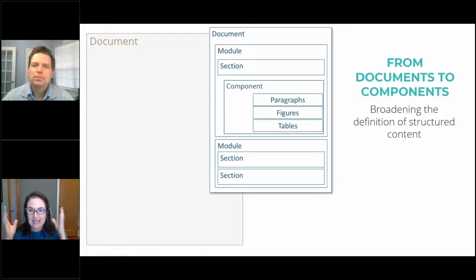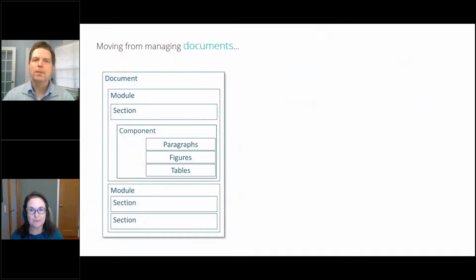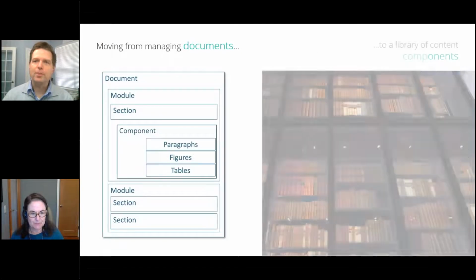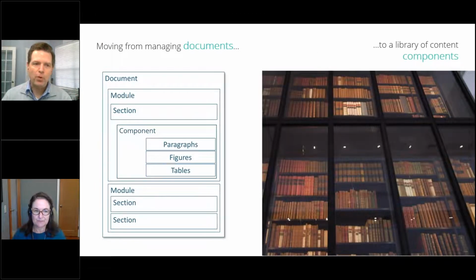So again, if we had a change, we would just go back to that one component. So it's a different way of creating your content and thinking about your content and managing your content, and it is so much more efficient. Yeah. So it's moving from managing documents to creating a library of these components.